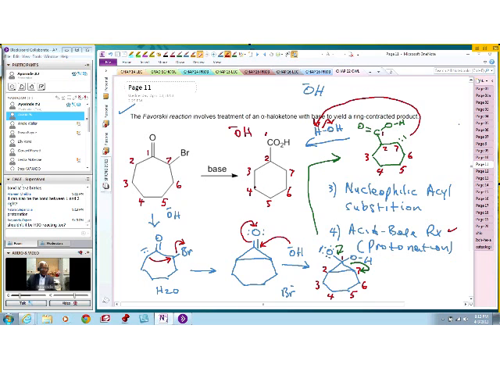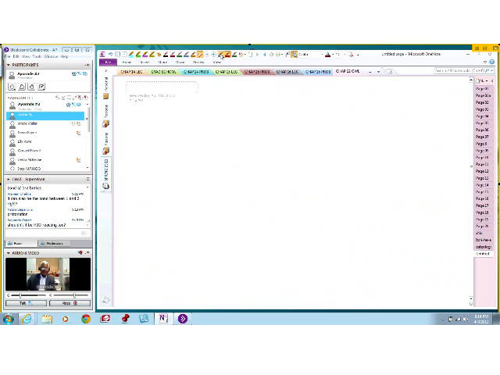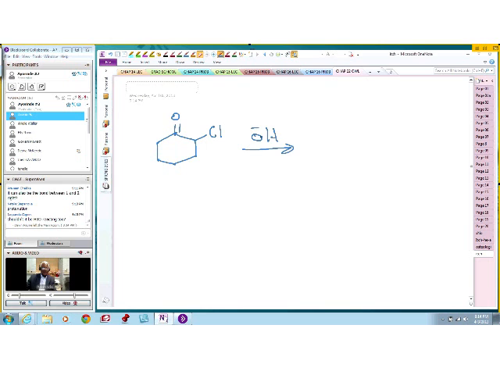This reaction is so common, so simple, and also very predictable. Supposing I give you this: anytime you have an alpha halo ketone, a cyclic ketone, let us say we have chlorine here, and I add hydroxide and ask, what is the product?